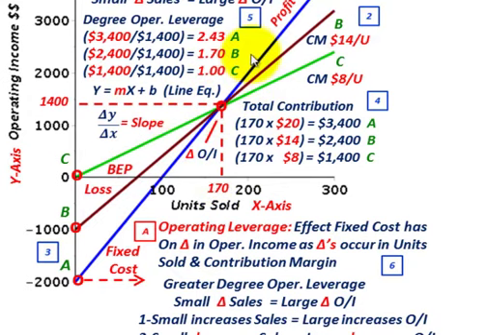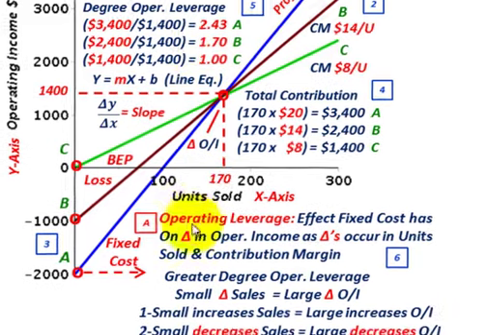So the steeper the line, our profit line, the greater the contribution margin, the greater our change in operating income. And based on that, you're going to have a higher degree of operating leverage. The less the slope in your line, the lesser amount of operating leverage you're going to have.